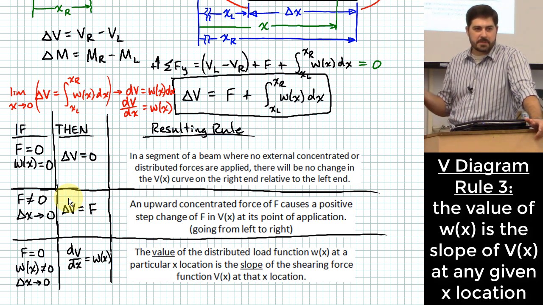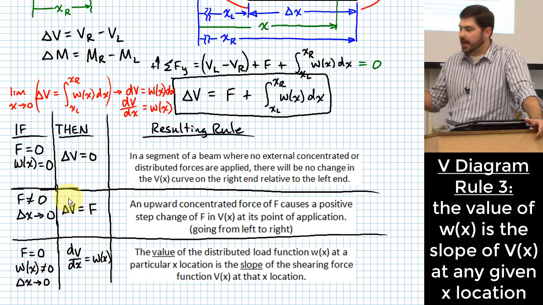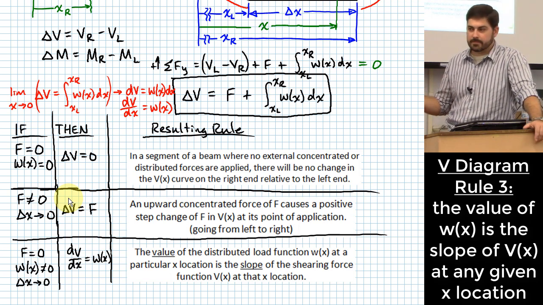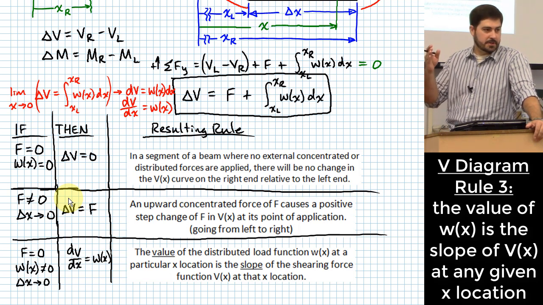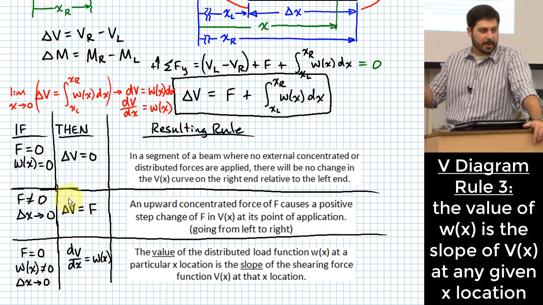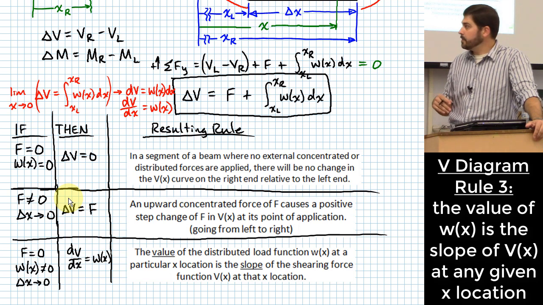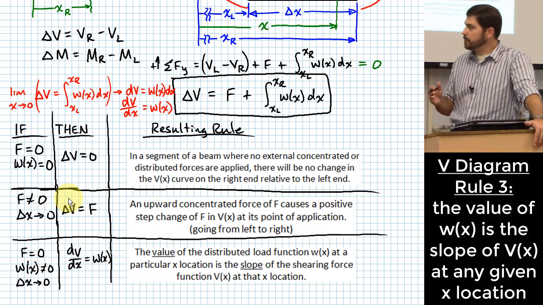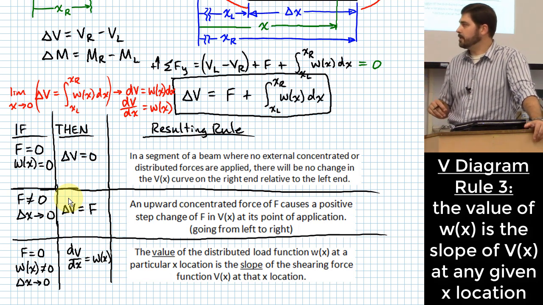So what actually happens to this rule when f is not 0? We have a rule for that already, right? If f is not 0, then we have this step change. So there's not even a continuous function at that point, right? So we can't talk about slope so much, right? But everywhere else we can talk about slope. So this is our rule for how the value of the distributed load function relates to the slope of the shearing force function. They're just equal.